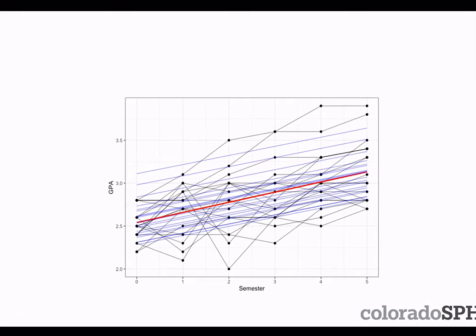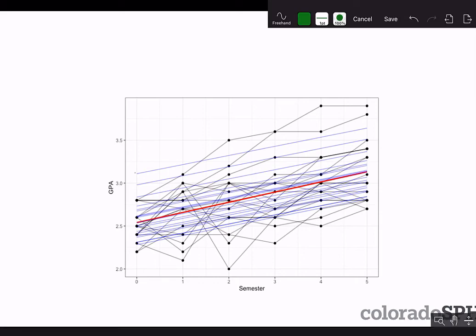So each of the random intercepts is parallel to the population mean, which it does seem that the GPA is increasing on average over time. And some students have a higher starting point and they tend to finish with a higher ending point and vice versa. However, it does seem that for some students at least, they don't necessarily follow along with their intercept. It seems that maybe this intercept is not capturing all of the variability that we see.